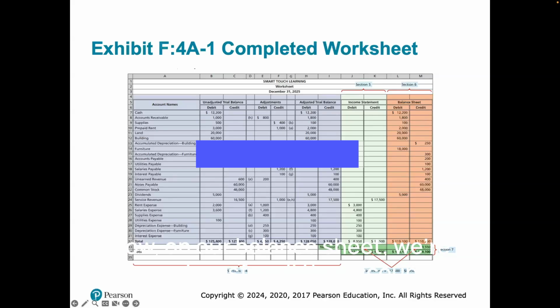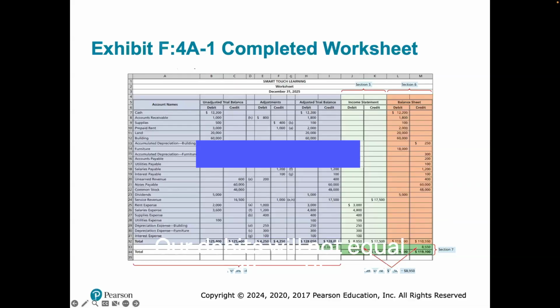Now on our balance sheet, we're going to transfer all the accounts, our assets and our liabilities, but we're going to add two accounts: our dividends and our common stock. So on our worksheet, it's like we're combining our balance sheet and our statement of retained earnings as well. And then we're going to get our totals there, which will not equal.